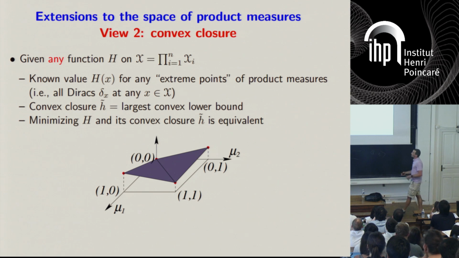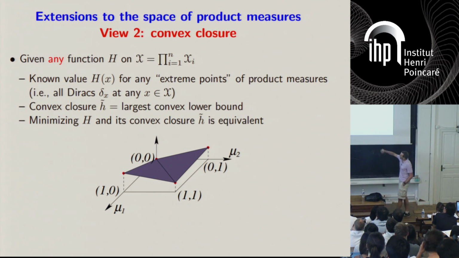Again, for any function defined on the set, you can always define a convex closure. And the way to do it is by simply doing convex relaxation. So here I'm taking a cube with 4 points.